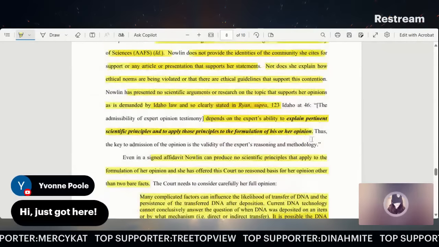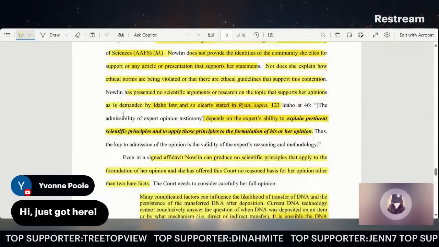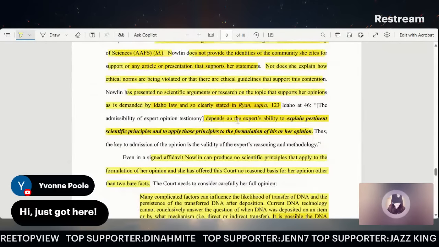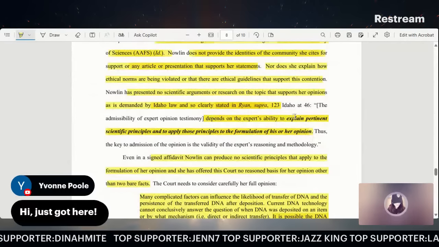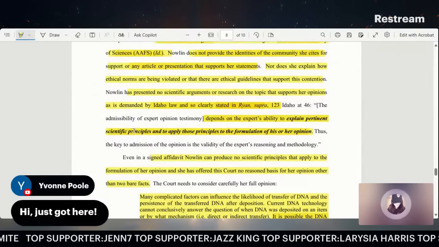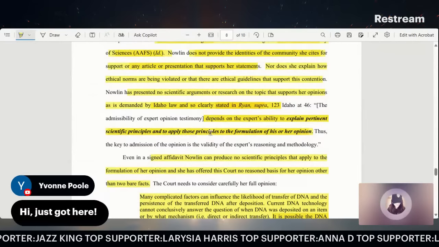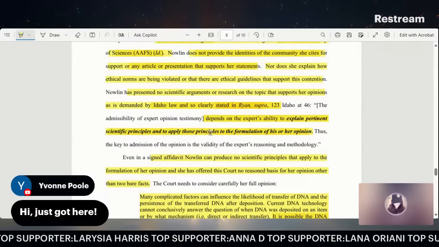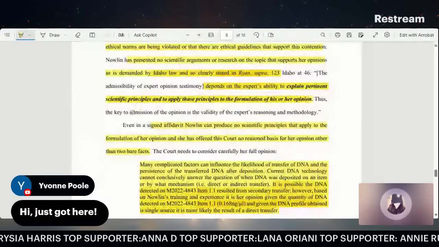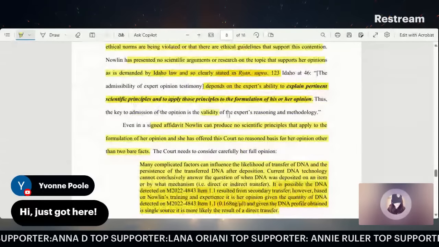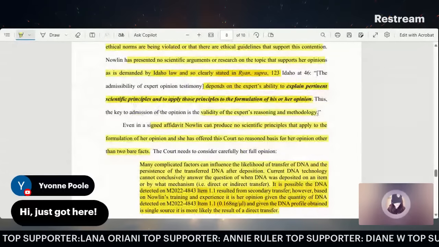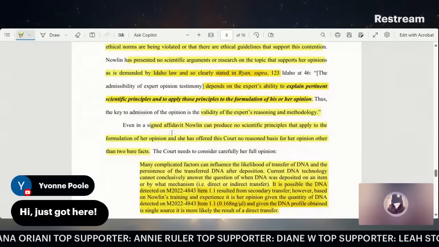And then it's quoted here, the admissibility of expert opinion testimony depends on the expert's ability to explain pertinent scientific principles and to apply those principles to the formulation of his or her opinion. Thus, the key to admission of the opinion is the validity of the expert's reasoning and methodology.